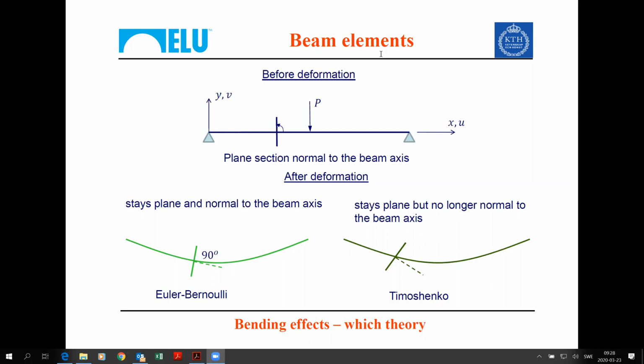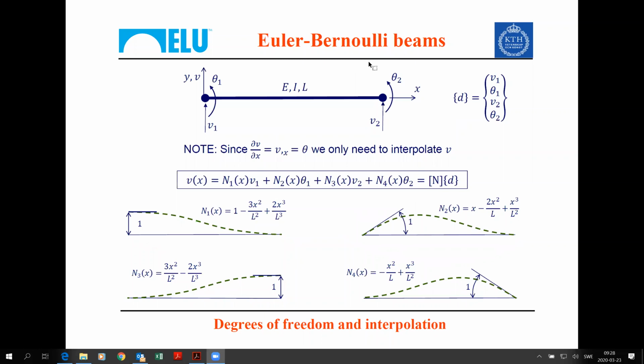Now, if we start with the Euler-Bernoulli beam, we are looking just at the bending part, because as we've seen in the first lecture, the axial part is already solved. It's strictly independent of the bending effect, so we can focus now on the bending part of the stiffness matrix.